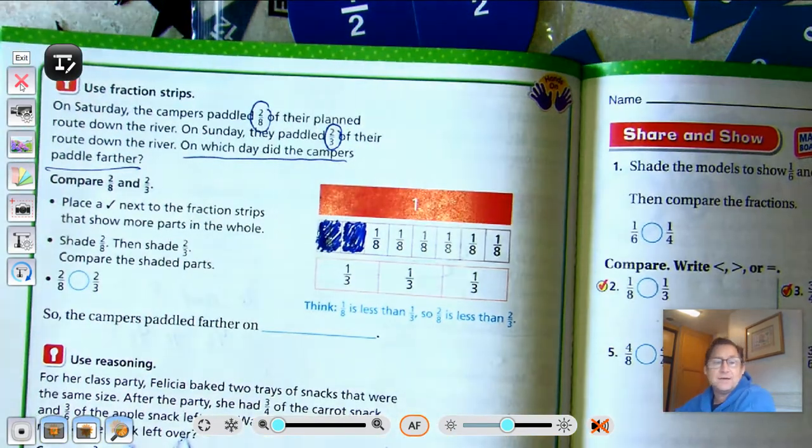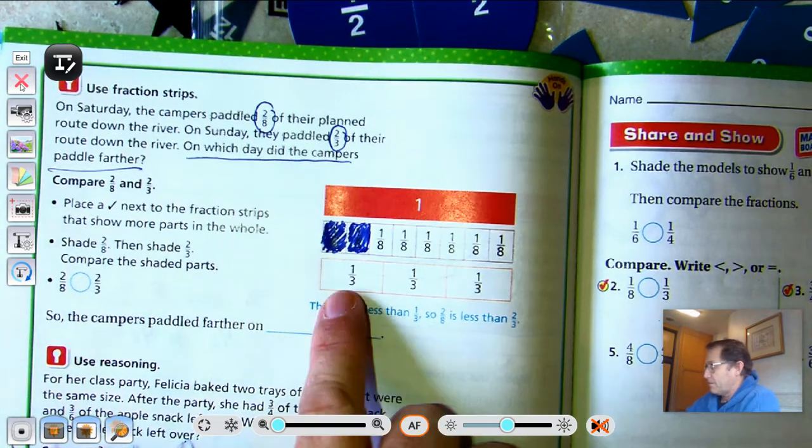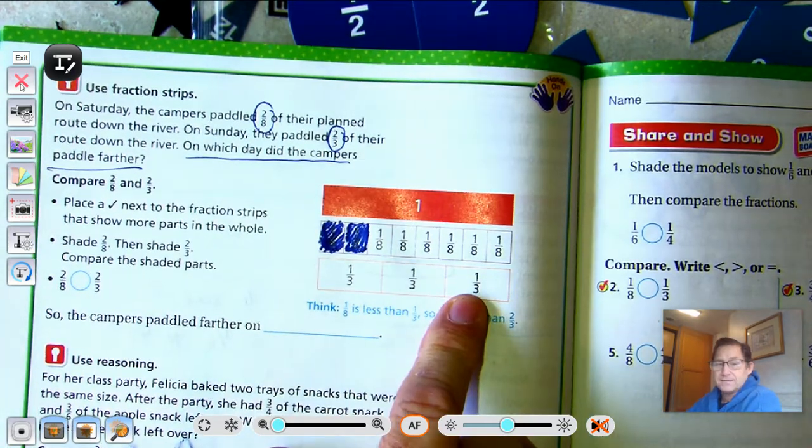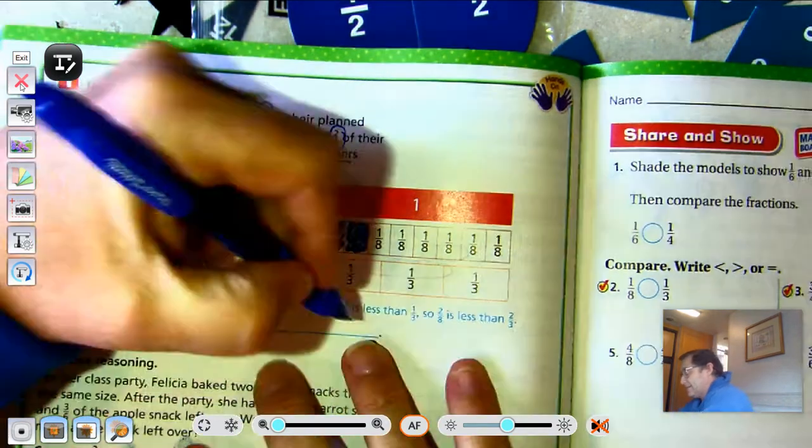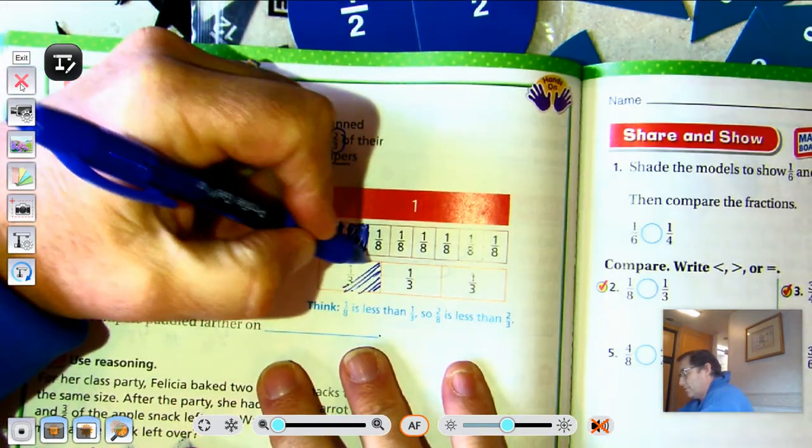All right, and then on the next day, they broke the trip into 3 equal parts, and it says they did 2/3 of that trip.